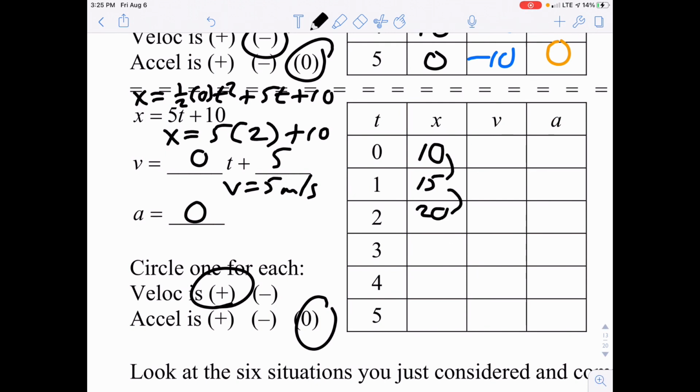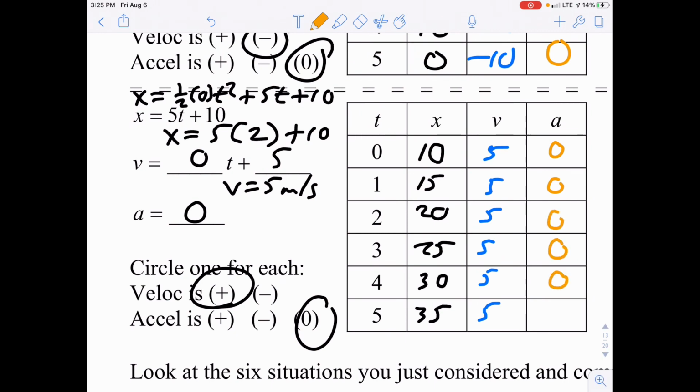And you can see I'm constantly increasing by 5 meters. Easy pattern. I have a positive constant velocity of 5 meters per second the whole time with an acceleration of 0 the whole time.